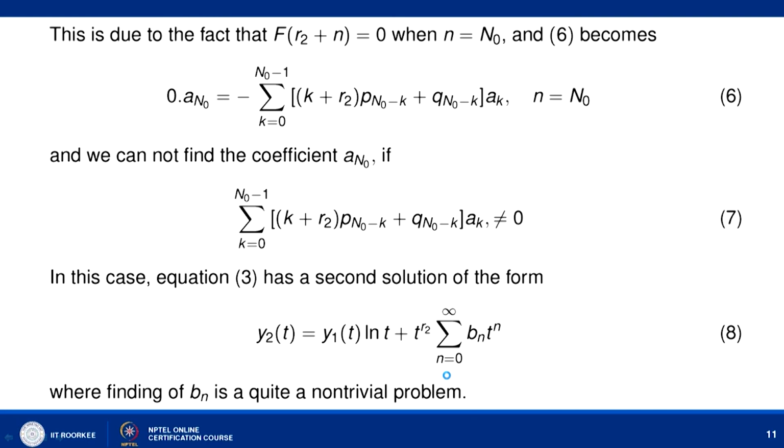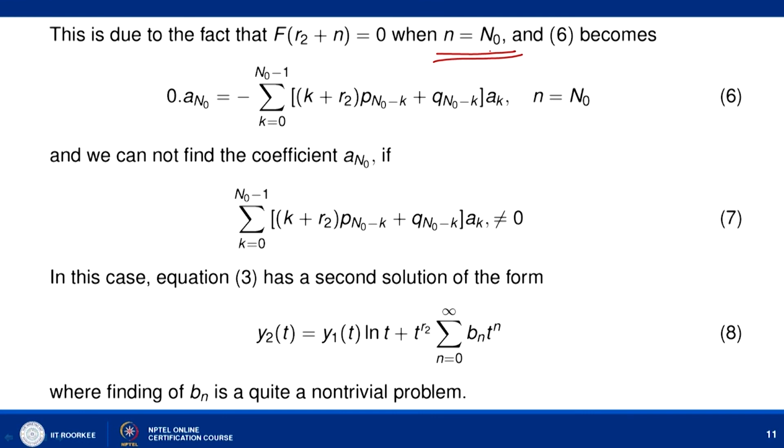So, here we may not get the second solution, because remember the recurrence relation: f of R2 plus n into a n equal to minus summation k equal to 0 to n minus 1 of the remaining terms. From the recurrence relation we know that f of R2 plus n equals 0 when n is equal to N naught.